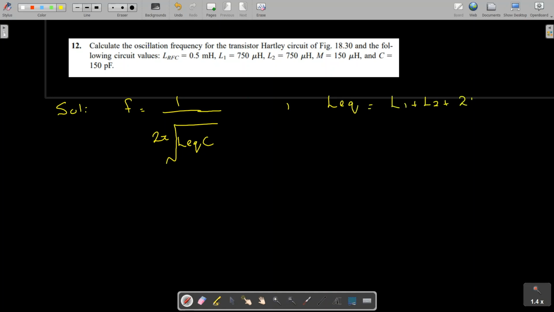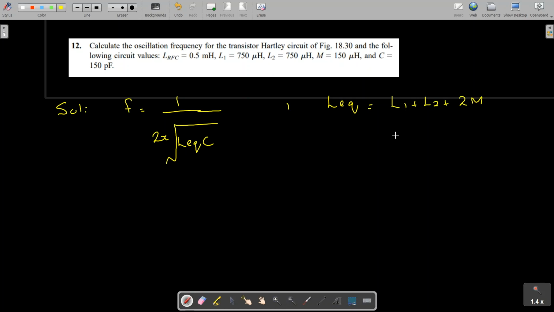Now in 12, again we need to find the frequency of the Hartley oscillator. Again same formula, F is equal to 1 divided by 2 pi under root L equivalent into C, and L equivalent is again L1 plus L2 plus 2M.